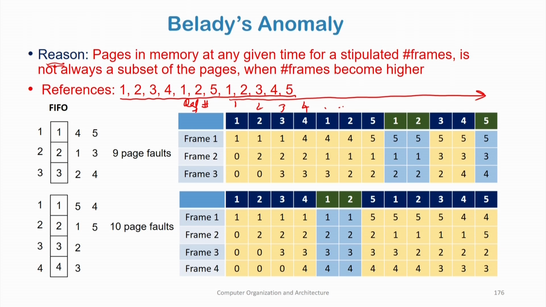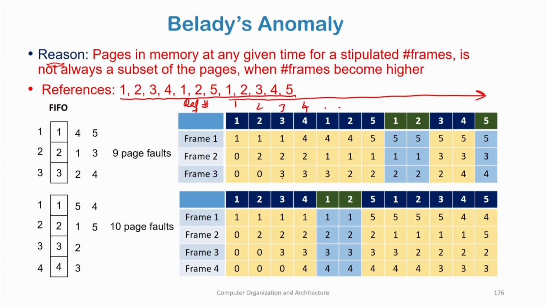So, at the first reference, I am bringing page 1 to frame 1, and frame 2 and frame 3 are empty. So, there is a page fault. Then 2 comes in and goes to the second empty frame. For the third reference, 3 comes in frame number 3.